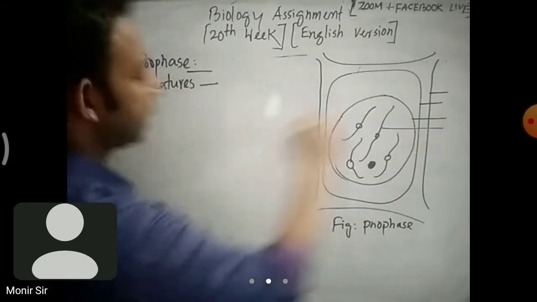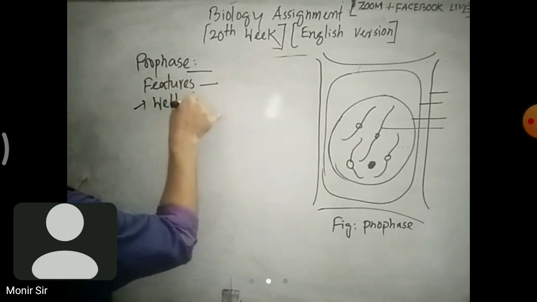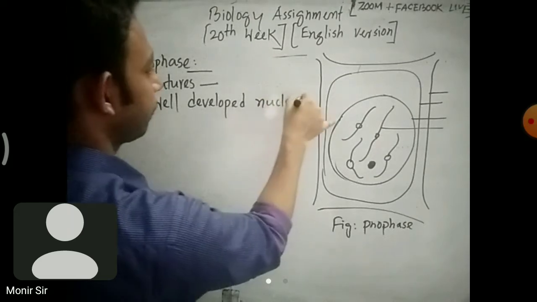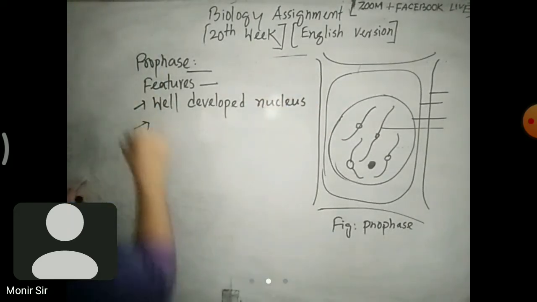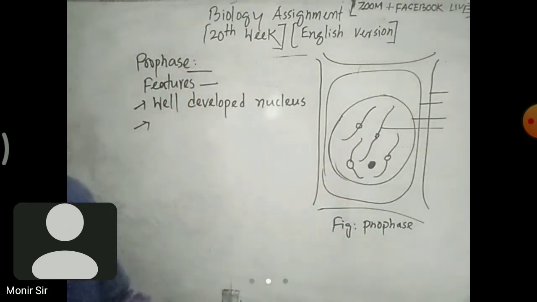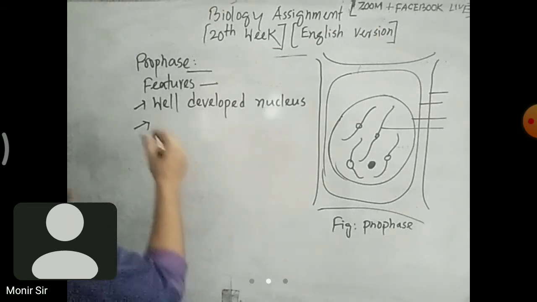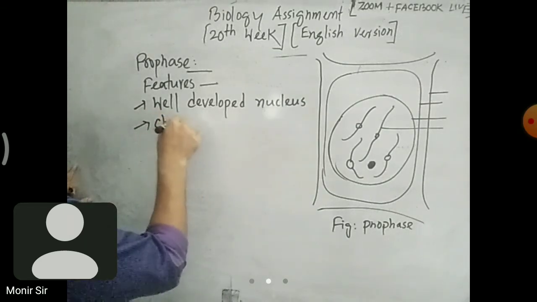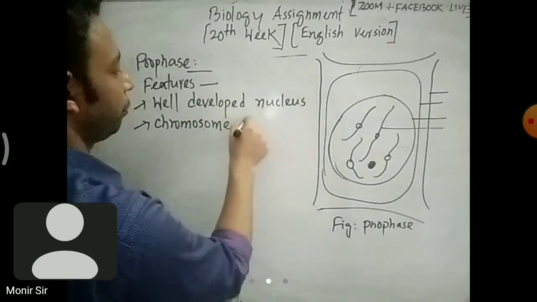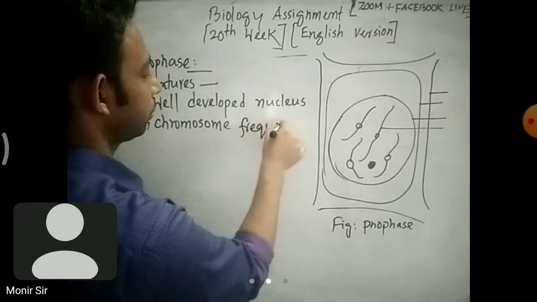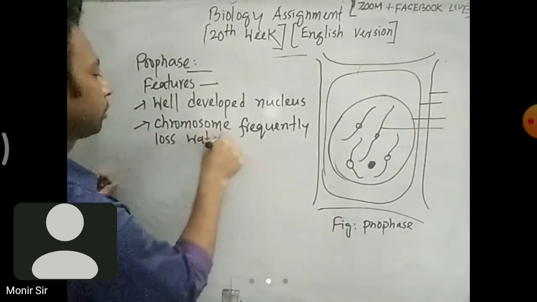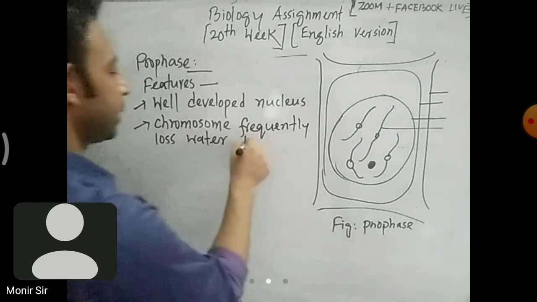The well-developed nucleus is found. Well-developed nucleus found in there. Second point of features we can write accordingly. The chromatin fiber, chromosome frequently lose water and become shrunken.